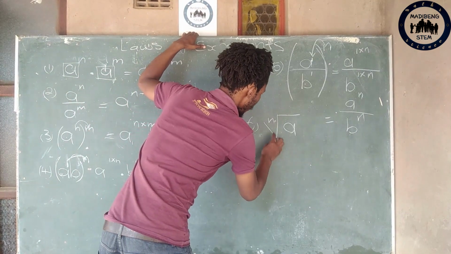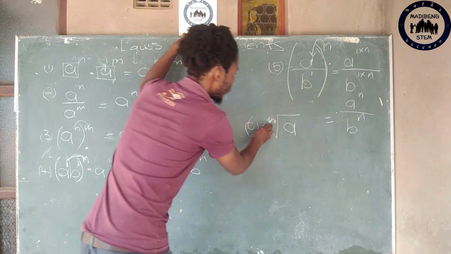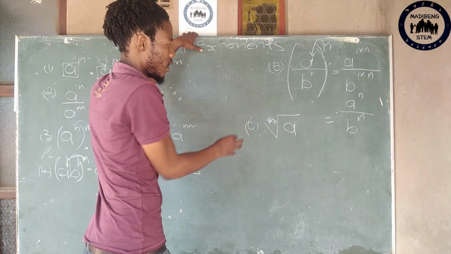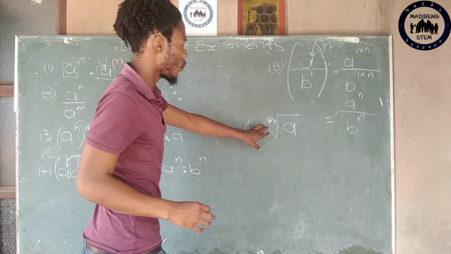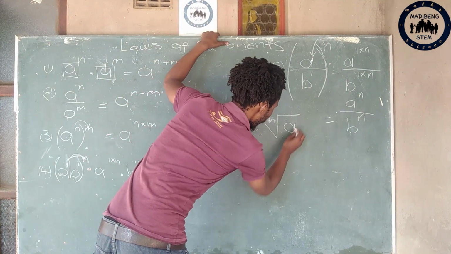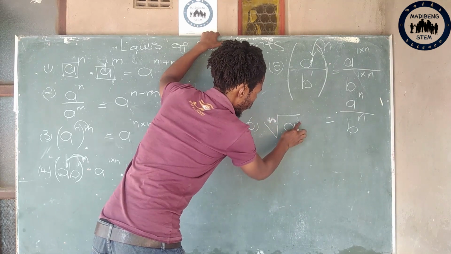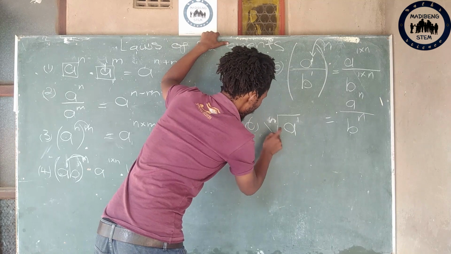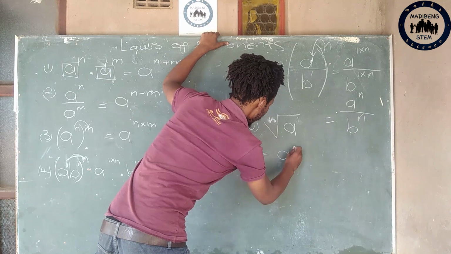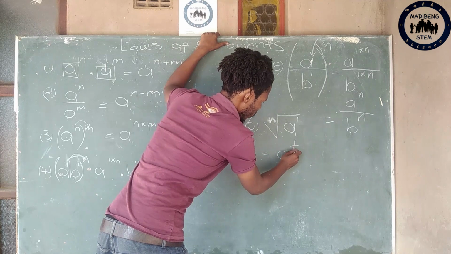So in this case, this n, when we write this term in an exponential form, we will have to make this n a fraction, because we have 1 here. So this n will go underneath this 1 here. You understand? So we remove this root, and we will have a to the power 1, because we have 1 here, and this n will come underneath this 1.